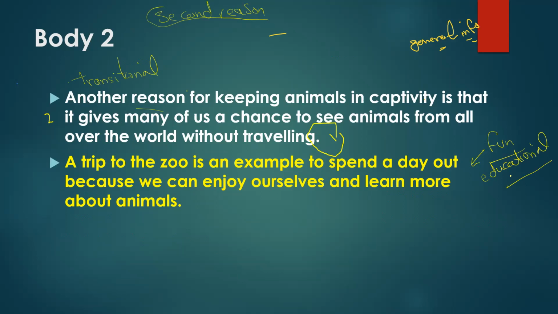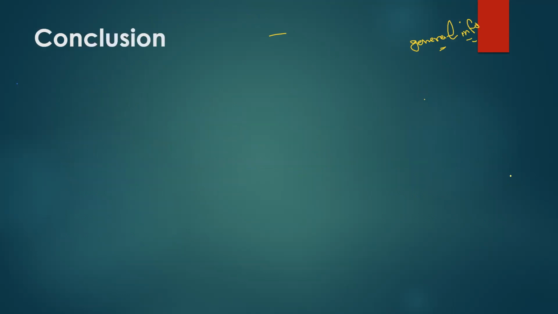After we mention the first reason and the second reason, finally I'll conclude the article. How to conclude it? Simply, I will restate what I explained. What do I mean by restate? I mean say again.